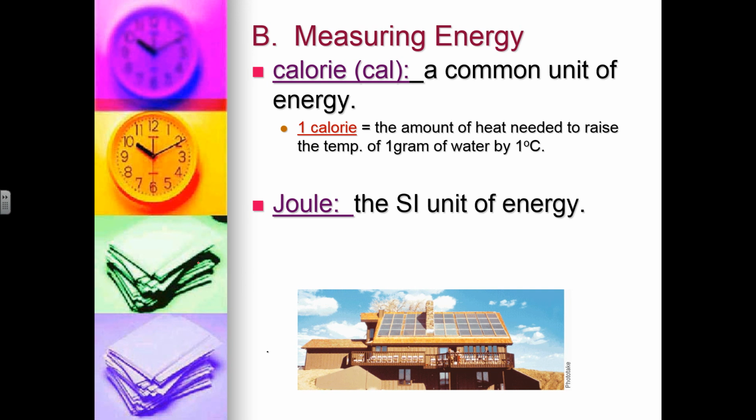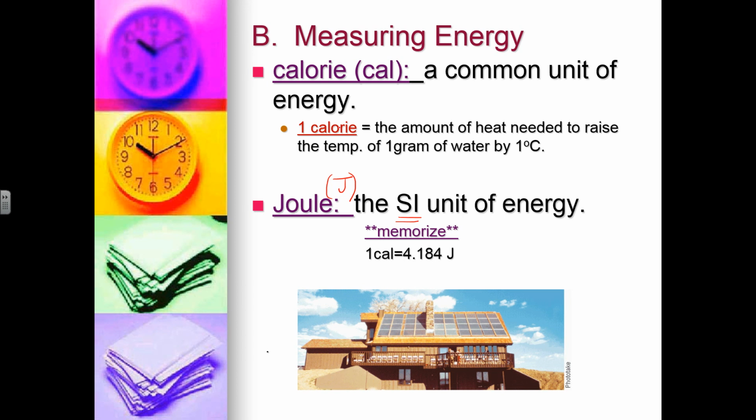Now the symbol for the joule is a capital J. Joule is the SI unit of energy. So SI is your International System of Units. We're going to learn about SI units as we go throughout this chapter, and we'll add to some of our SI units in later chapters as well. But you want to make sure you remember the SI units. For energy, it's the joule.